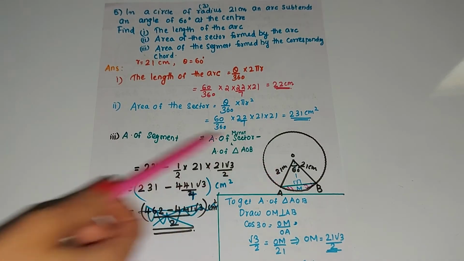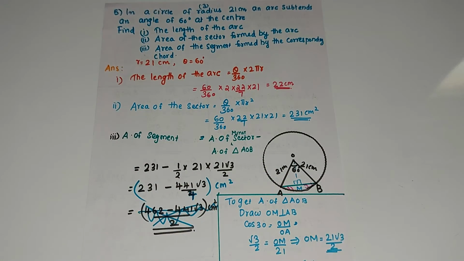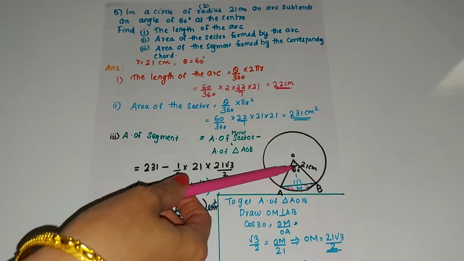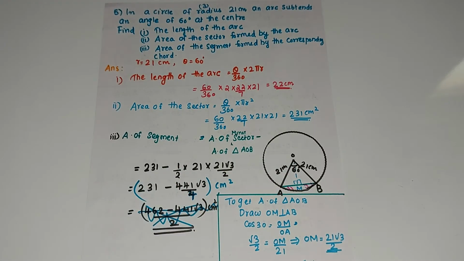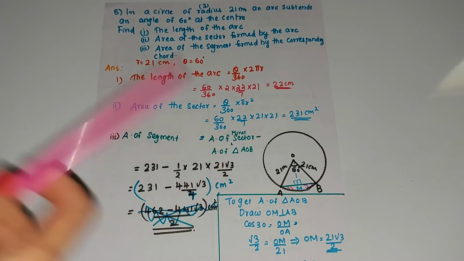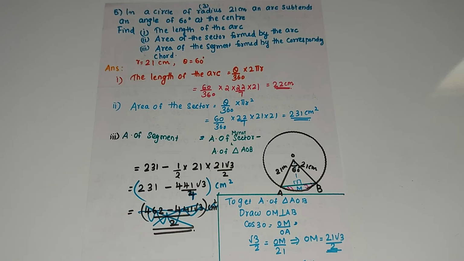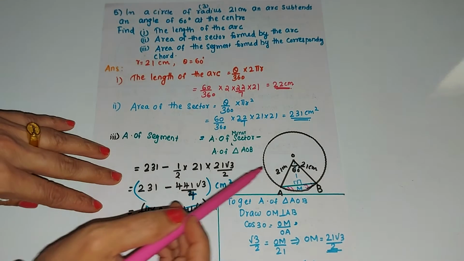If it is 90 degrees, you can use the formula half into b into h directly. But here there is no base and no height, and to get the area of the triangle we need height and base. So you have to find out the height and base. For this, what will we do? You take this triangle.